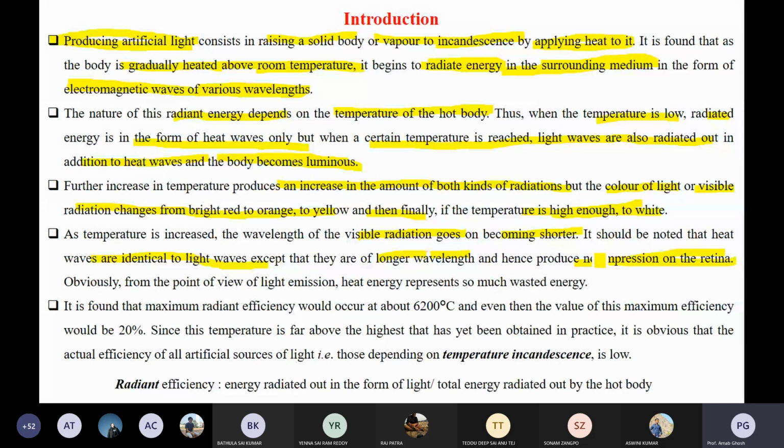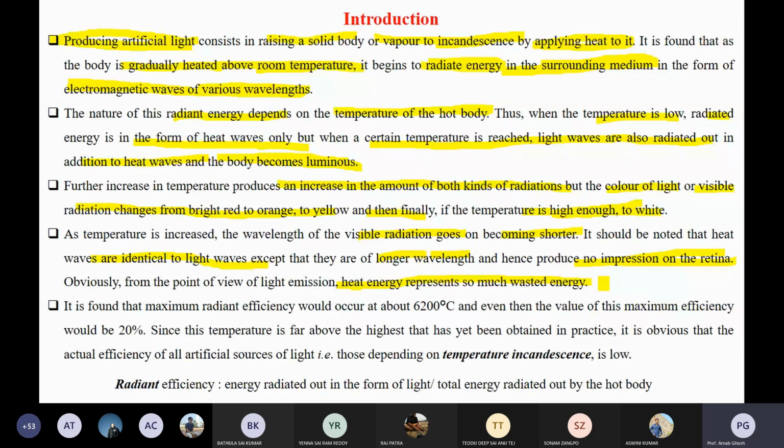So what is radiant efficiency? Radiant efficiency is the ratio of the energy radiated out in the form of light to the total energy radiated out from the hot body. So how much energy is radiated as light, divided by how much energy is radiated by the hot body. Both are different.